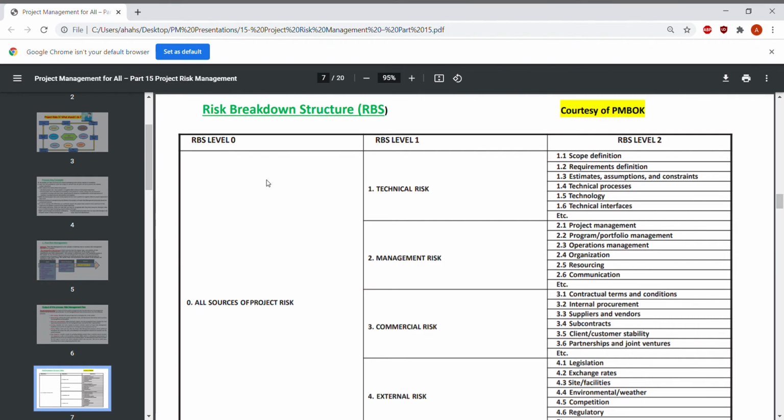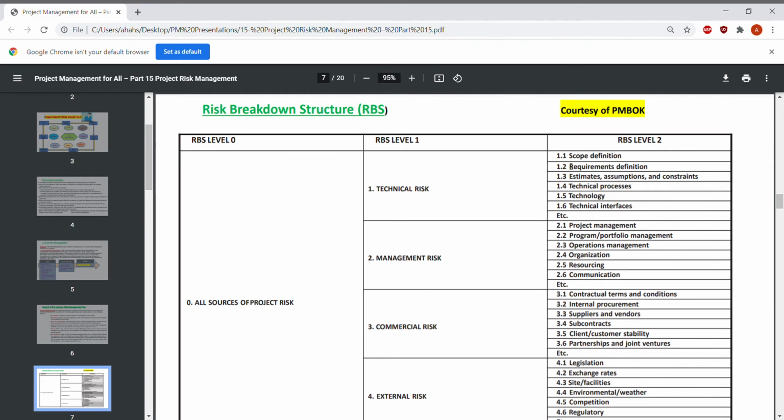So the first level, level 0, is all sources of project risk. The second level, or level 1, is the types of risk. So we may have technical risk, management risk, commercial risk, and external risk.